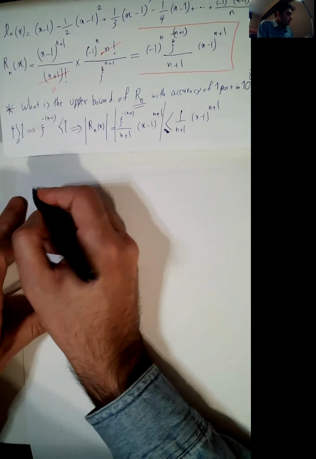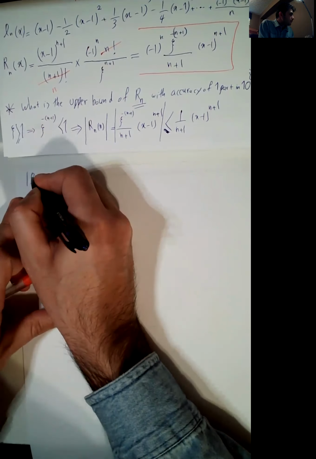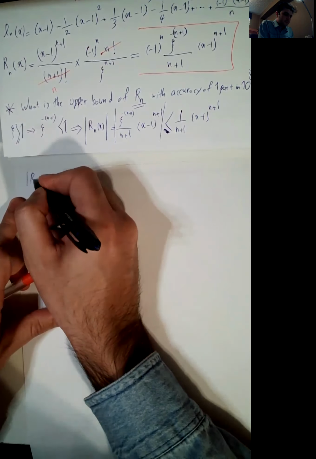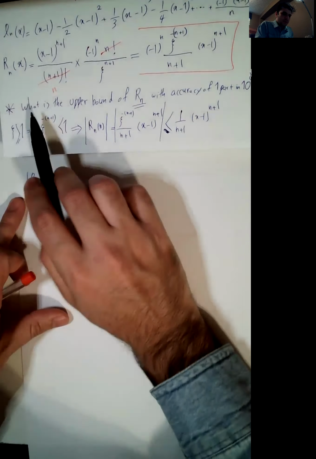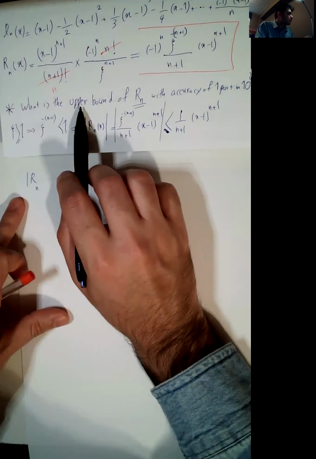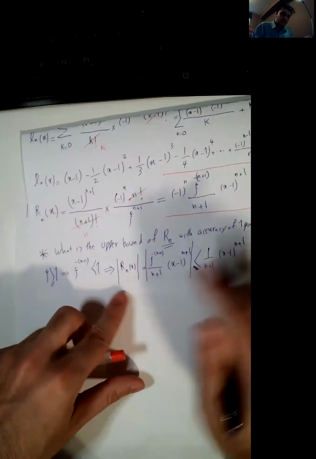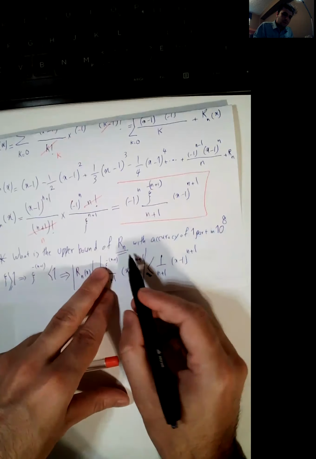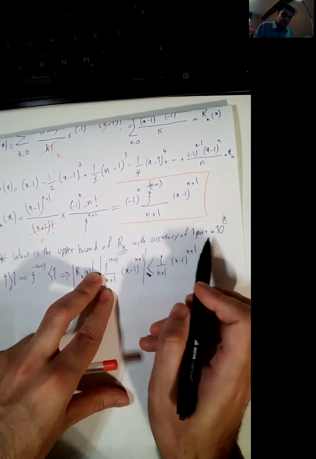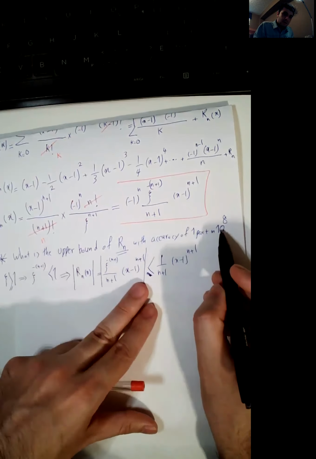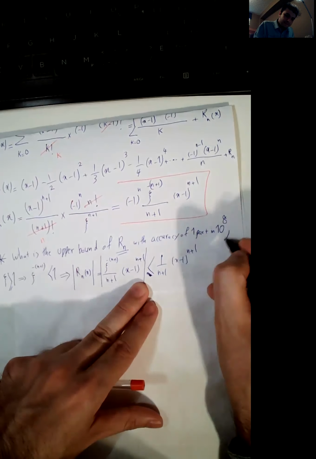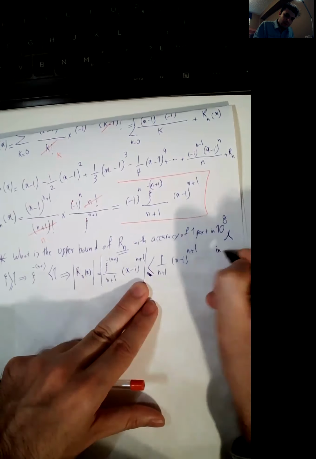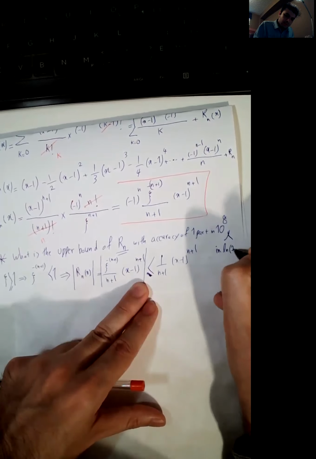So we need Rn. What is the upper bound of truncation error with accuracy of one part in 10 to the power of 8 in computing ln 2?